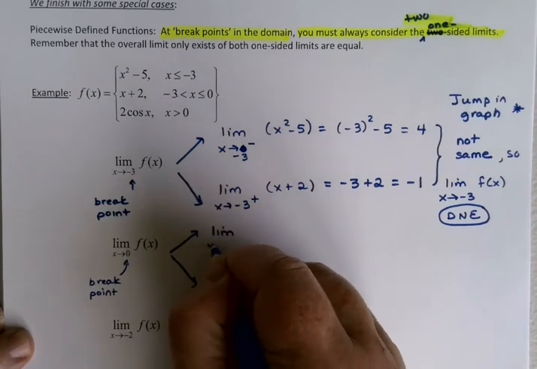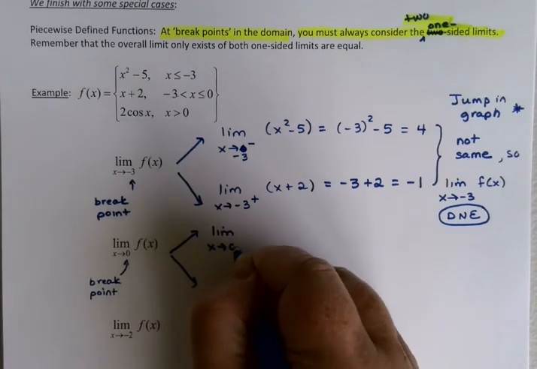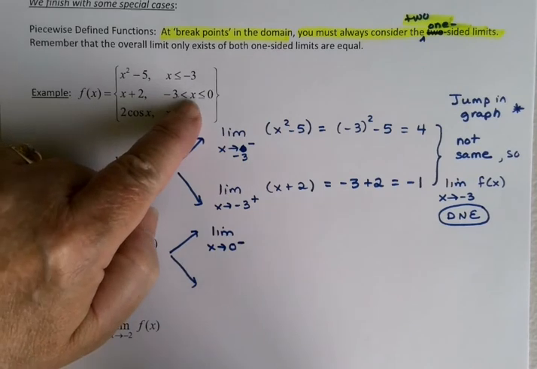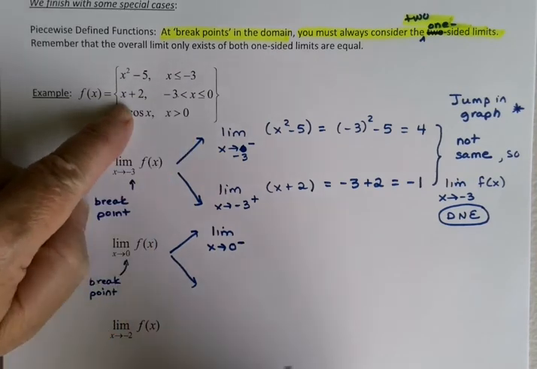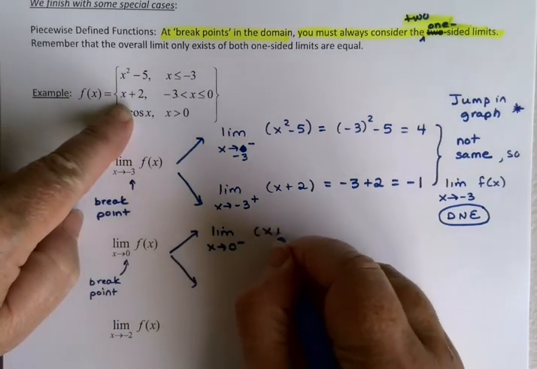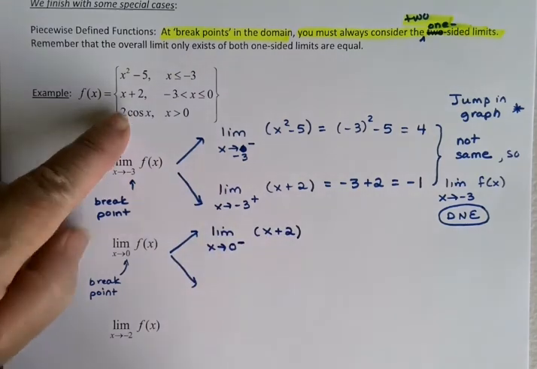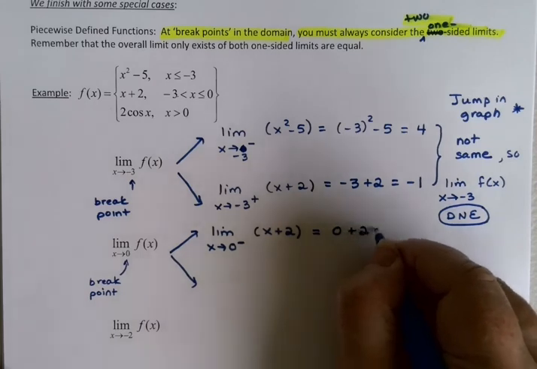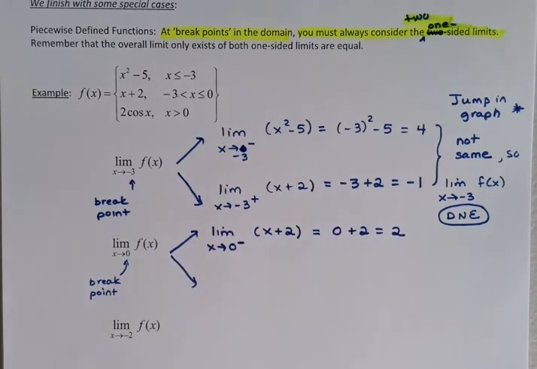First of all, the limit as x approaches 0 from the left. 0 from the left means my numbers are less than 0. So I'd be here, and I'm looking at x plus 2. Direct substitution gives me 0 plus 2, or 2.